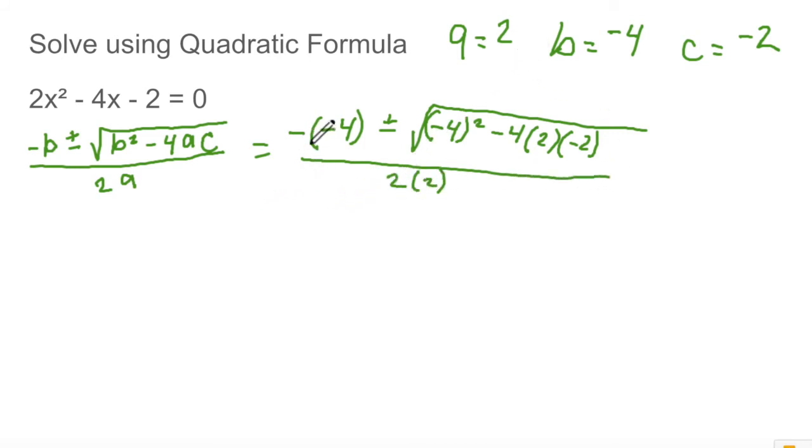When we work this out, negative 4 becomes a positive 4, plus or minus the square root of, negative 4 squared is 16.